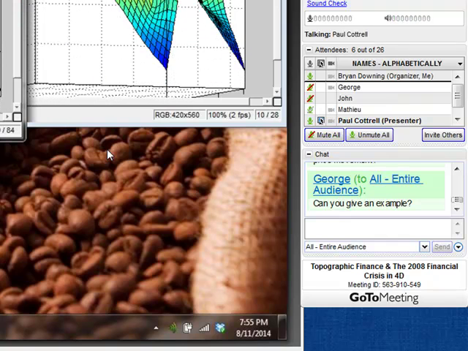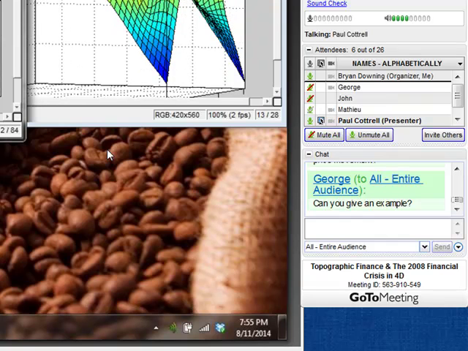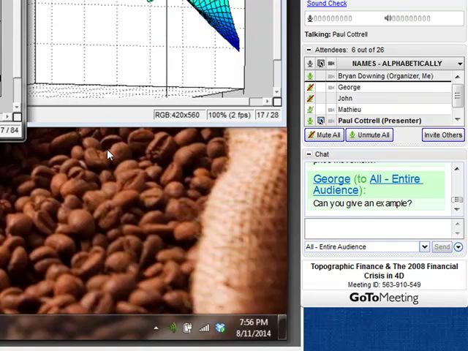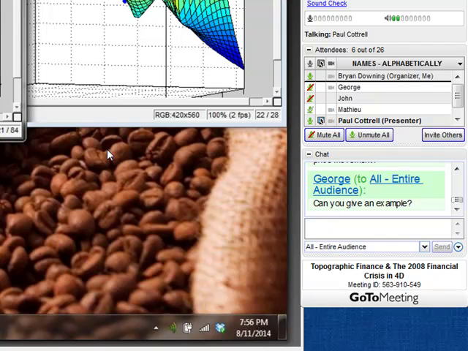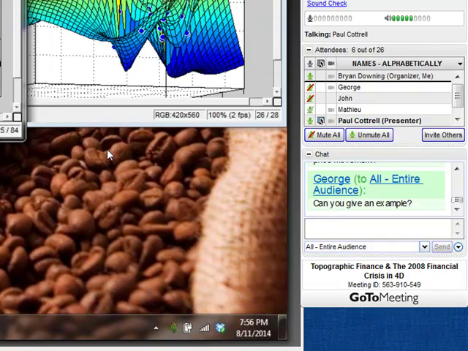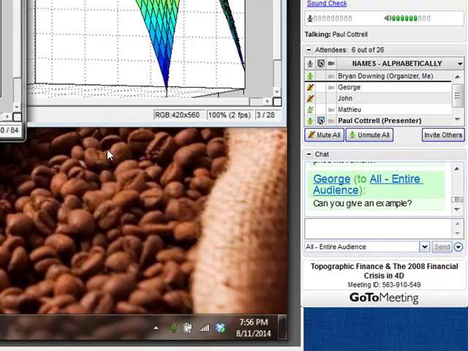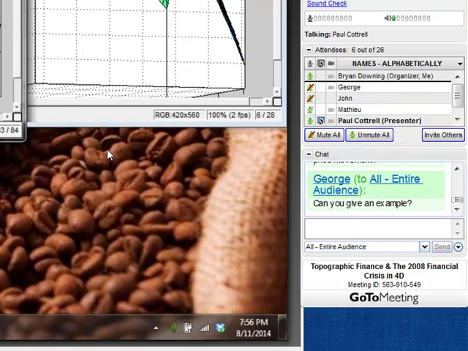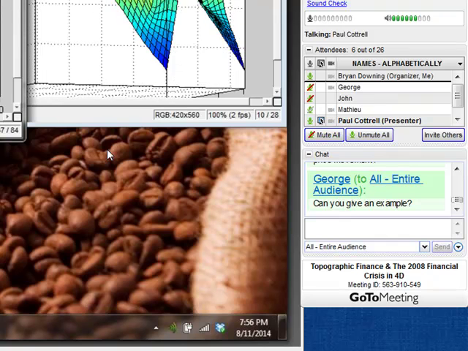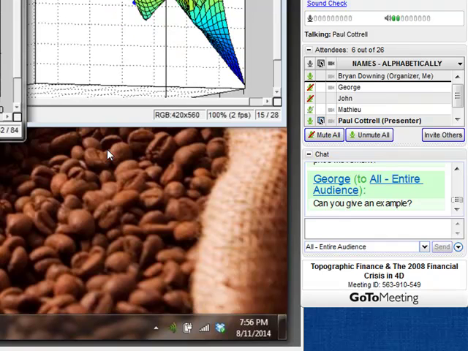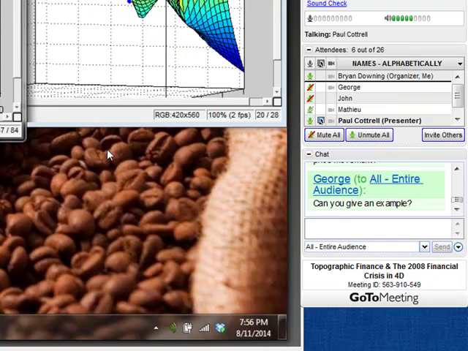Now, in terms of the drift, it is a lagging indicator because it is a linear regression of 5 days. So it's a lag of 5 days.